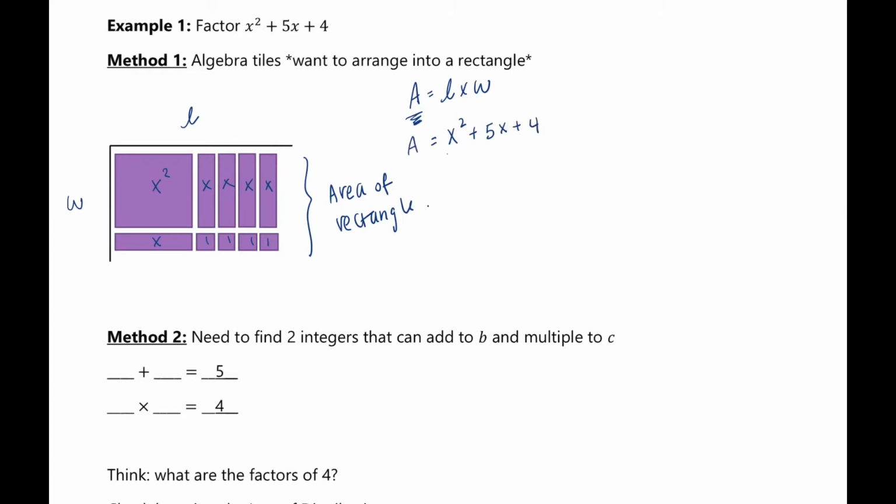So we know this is a product of two binomials. In order for us to reverse the step and find what the length and width are, we need to draw the corresponding bars on the top horizontally and vertically.